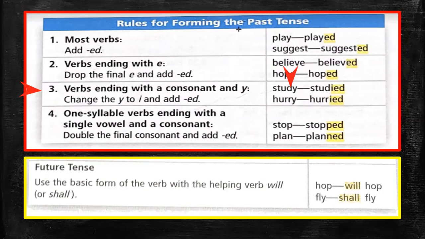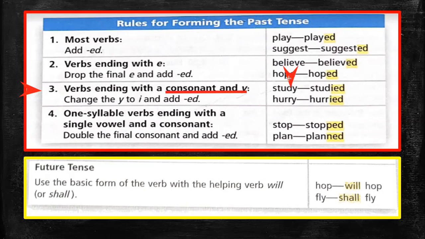Don't forget that the rule specifically states that it has to be consonant and Y, not vowel and Y. So once you identify that study is indeed a verb that ends with a consonant and Y, then you change the Y to I, and then you add ed, such as studied, okay?